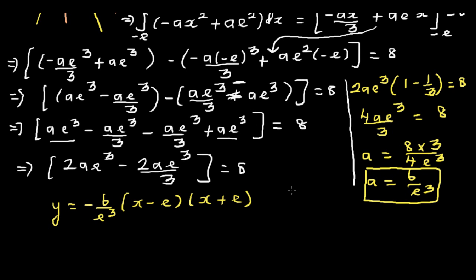So we can say alpha is when x is equal to 0. Alpha is your y-intercept.